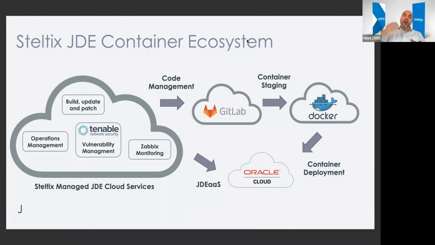GitLab, GitHub, and all those code repository tools help you a lot by guaranteeing and knowing who and what was changed and when. So there's a lot of QA before anything actually leaves Steltex. And from GitLab, it's getting published in Docker.io, which is a container staging area. It's publicly on the internet.